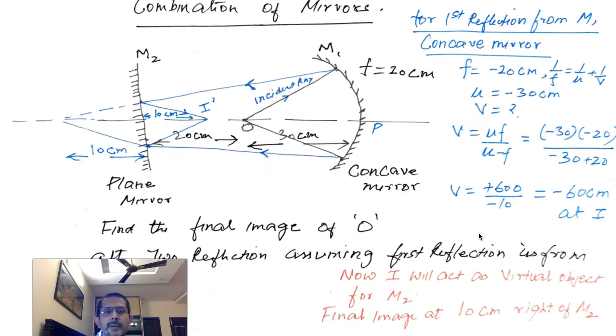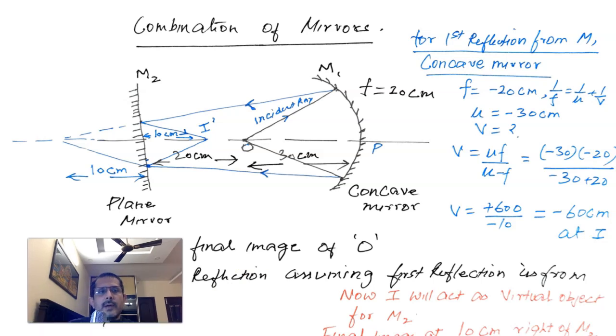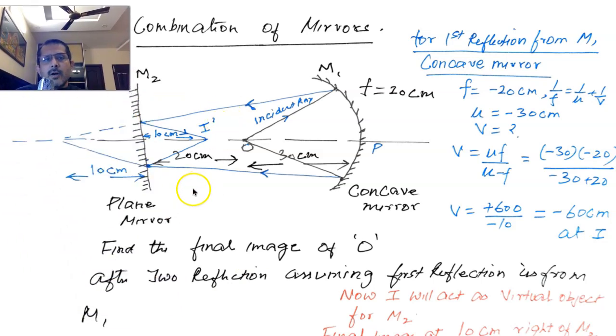Now we will be talking about the combination of mirrors. Let's take one mirror, this is a plane mirror, and this is a concave mirror.